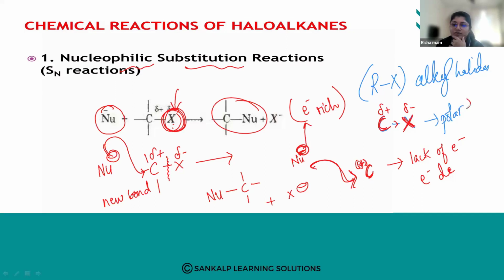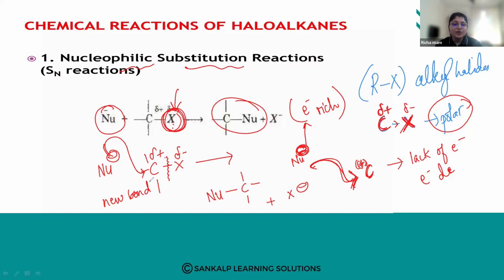So because of the polar bond, partial negative charge will be present on the halogen atom and partial positive charge on the carbon atom. Now the nucleophile, which is electron rich, will attack the positively charged carbon from behind.